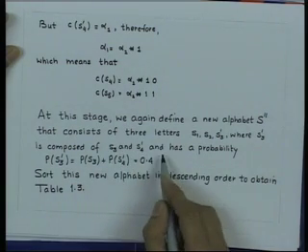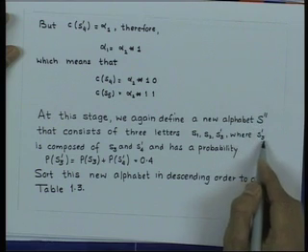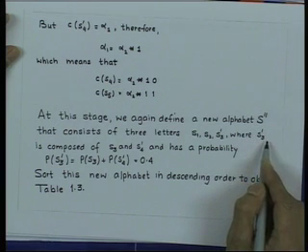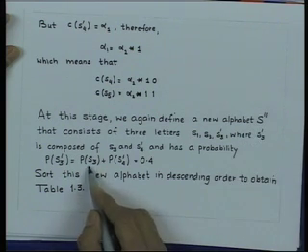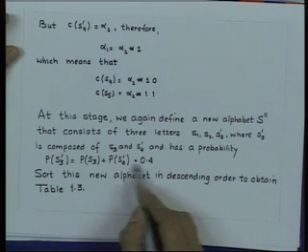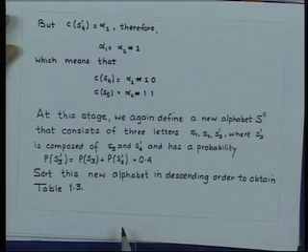So, I take these together and the probability of this new source symbol S3 prime will be the sum of P(S3) and P(S4 prime), which turns out to be 0.4.